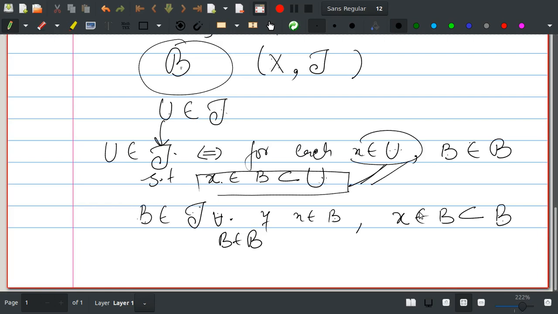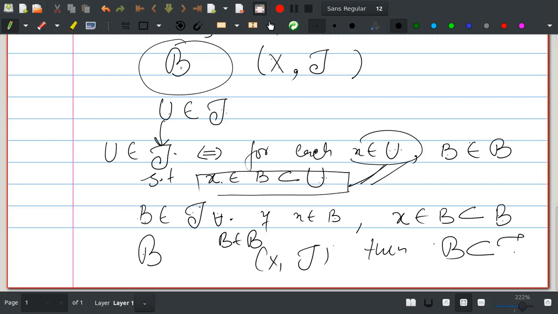So this is the observation that if script B is a basis for a topology tau on X, then these basic elements are in tau, i.e., this collection is actually a subcollection of tau.